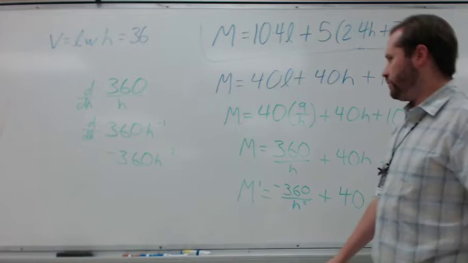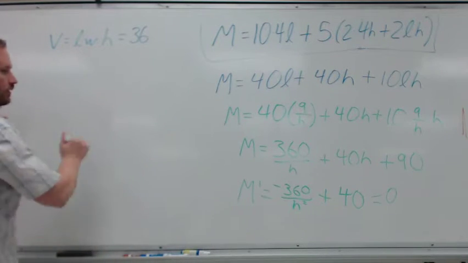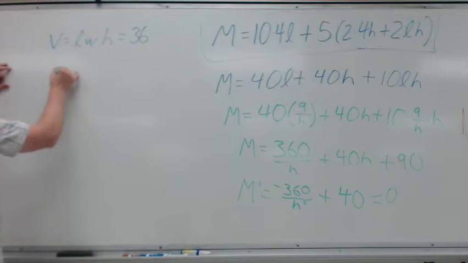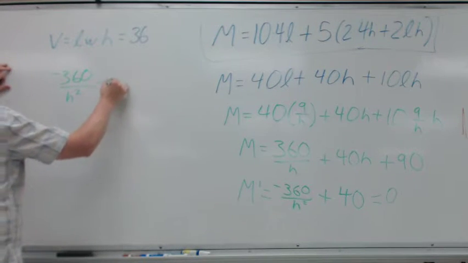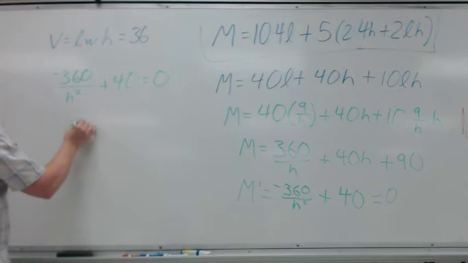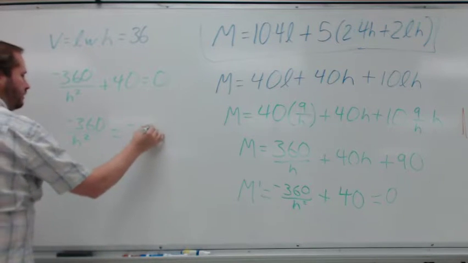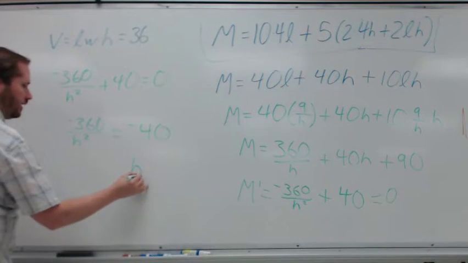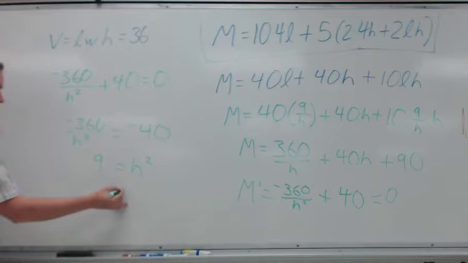So negative 360 over H squared plus 40 has to equal 0. So negative 360 over H squared has to equal negative 40. H squared has to equal 9. H equals 3.